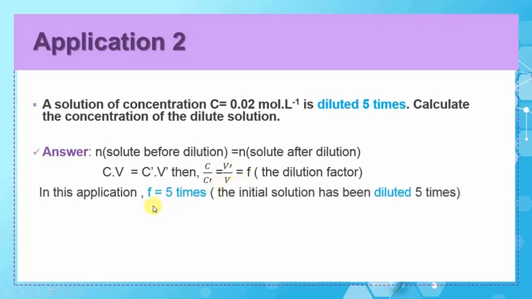In this application, the factor is 5 times because the initial solution has been diluted 5 times. Therefore, F equals C over C prime, and then C prime equals C over F equals 0.02 over 5 equals 0.004 mole per liter.